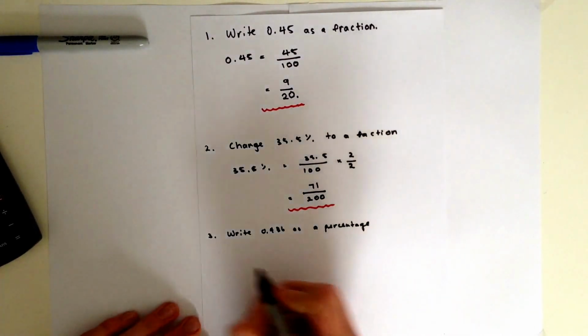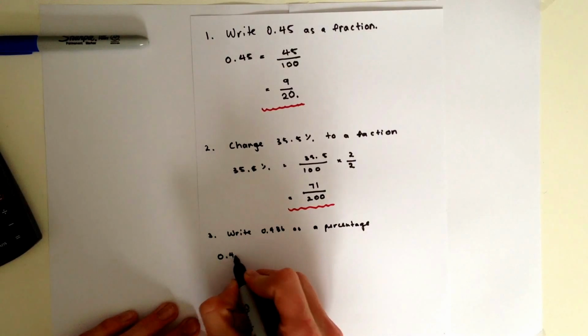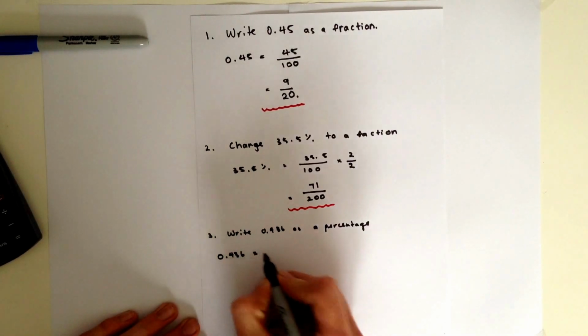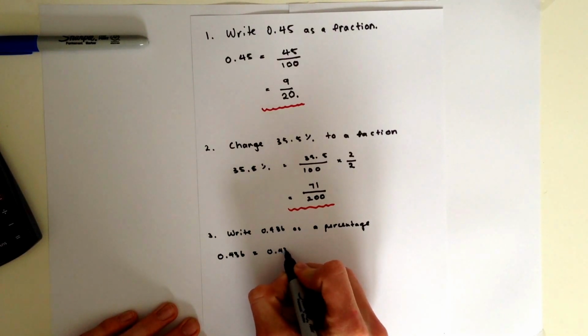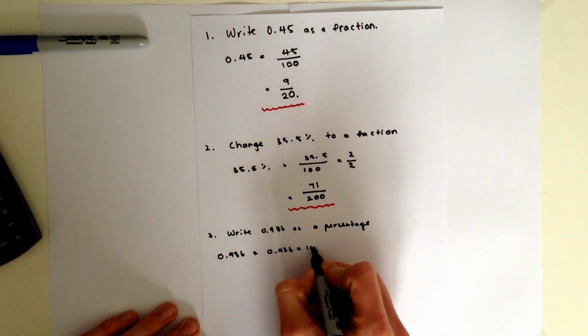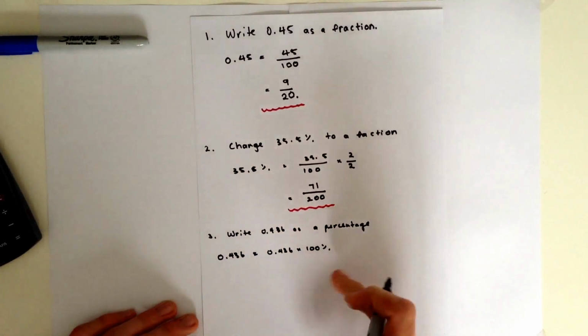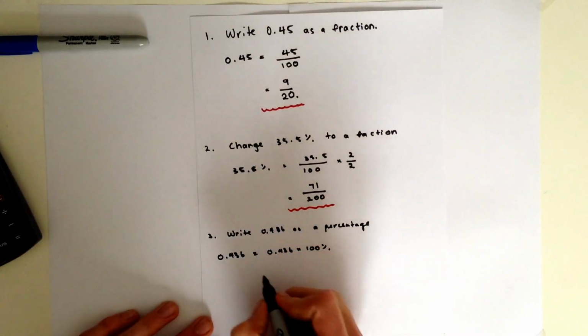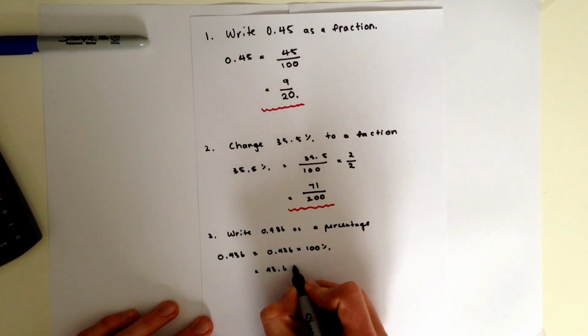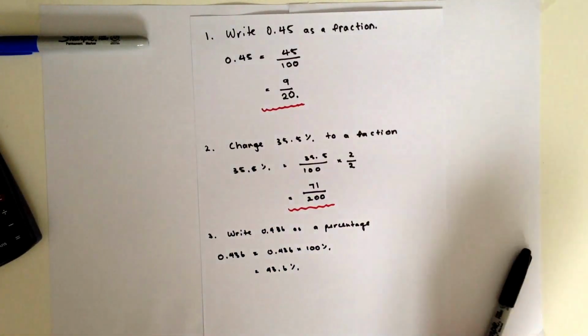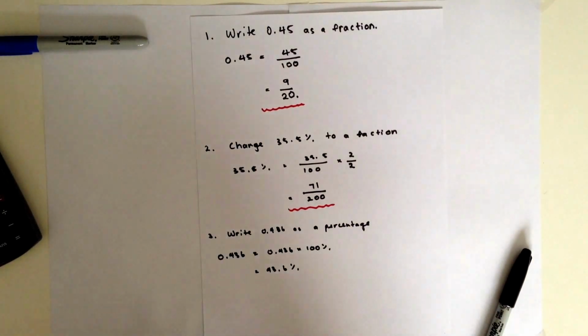Okay, well, 0.436 equals 0.436 times 100%. That's the way we convert it. And we pretty much end up getting 43.6%. That's our answer.